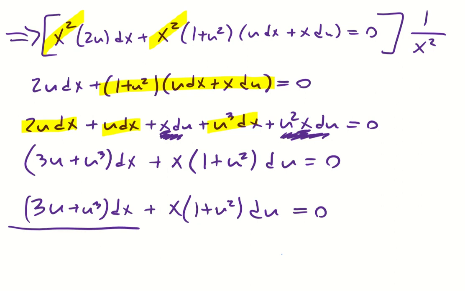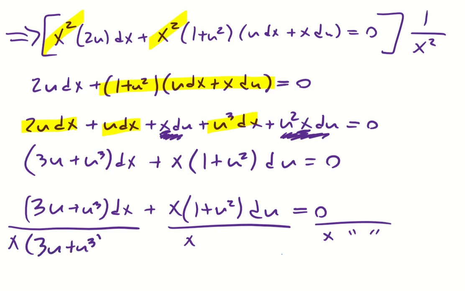So I'll divide everything by x. I'm not going to write the right hand side, because obviously it'll just be 0. We'll divide everything by x, and we'll divide everything by 3u plus u cubed.